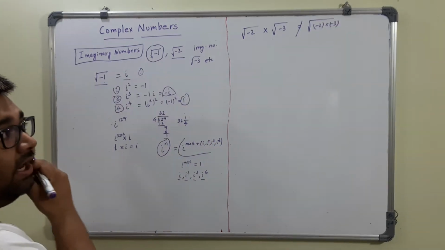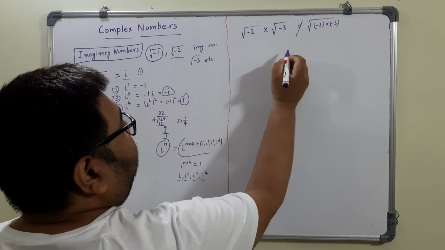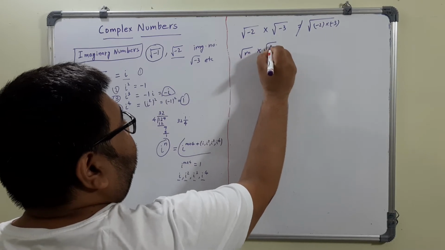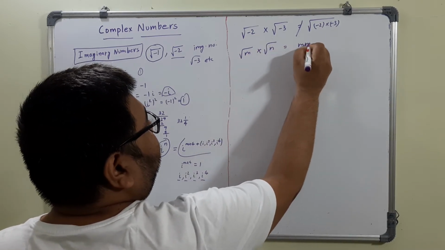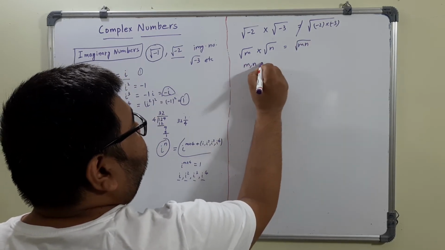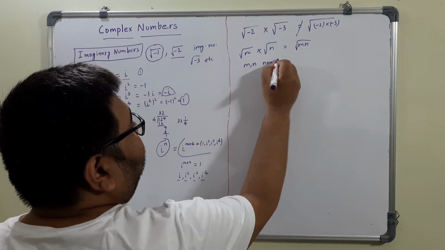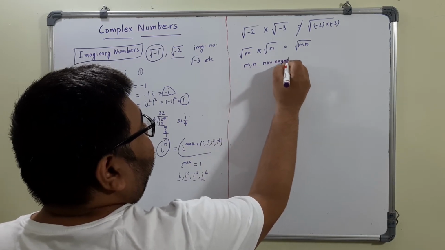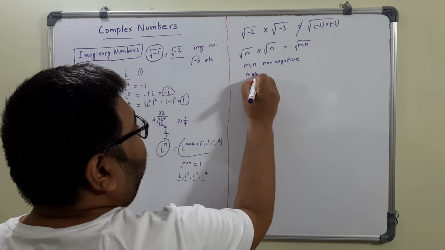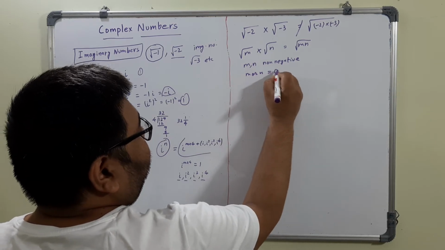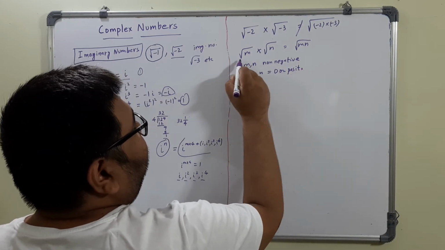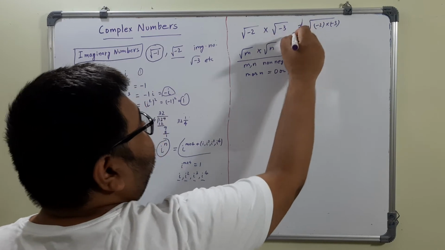This doesn't equal that, because for any numbers m and n, the square root of m times the square root of n becomes the square root of mn only if either m or n is a non-negative number. That means either m or n is equal to 0 or a positive number. Only then this happens, otherwise it's a fallacy.